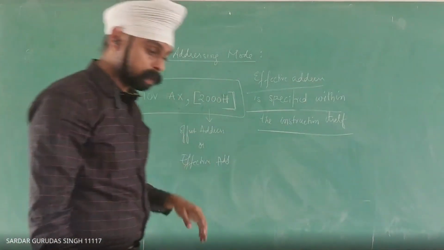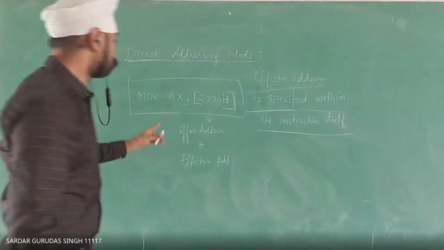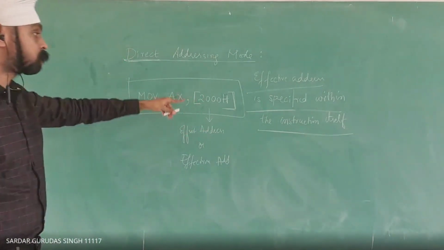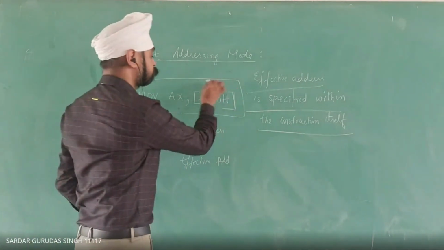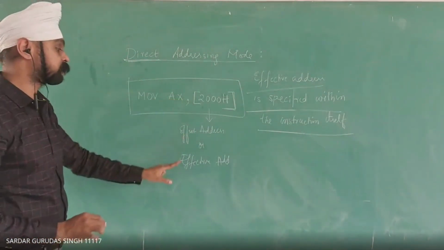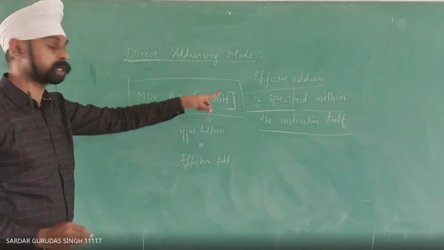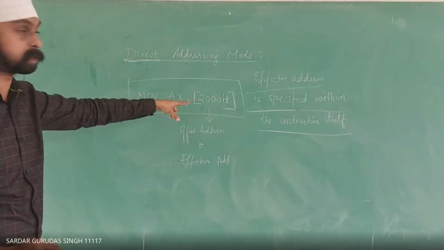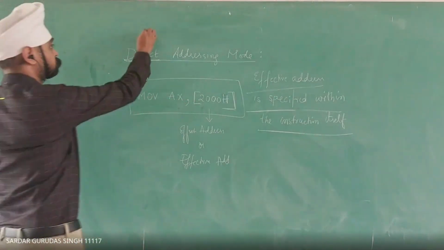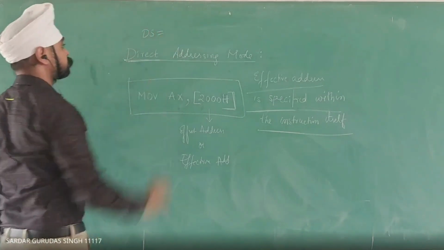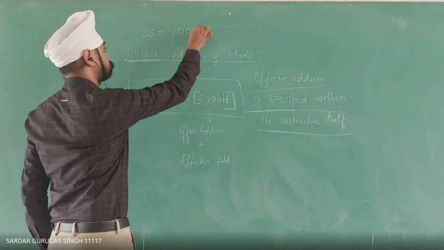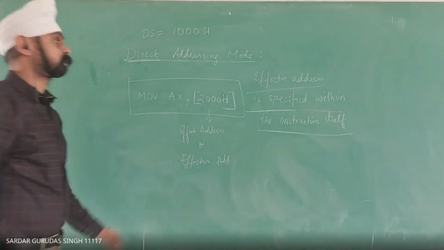Now, you might be wondering, with this effective address, how will you get the physical address of the memory? This is just an offset address. We have not mentioned any starting address in this instruction. For our understanding, let us assume that the content in the DS is 1000H.